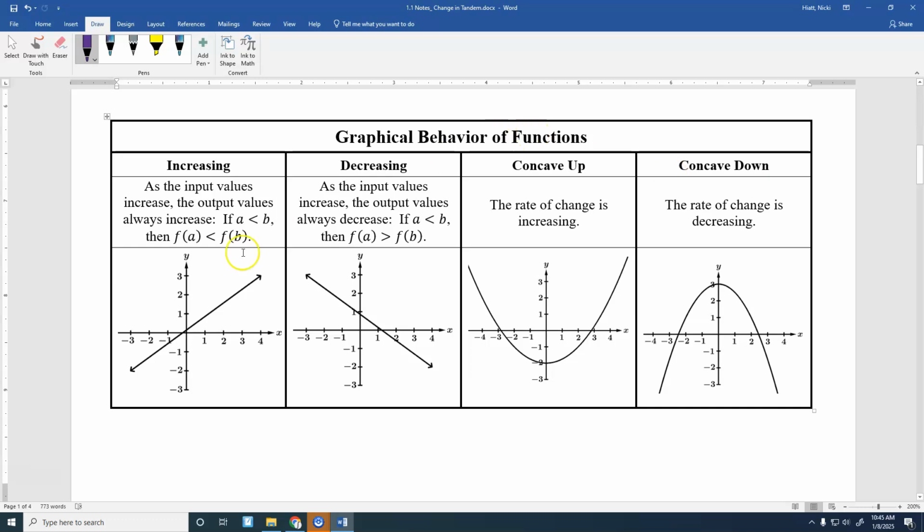I know increasing and decreasing is covered in Math 3. I think that concavity is not, but that might just be something I leave out. I can't remember for sure.